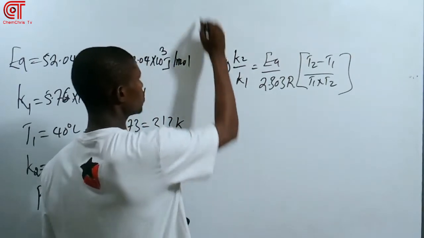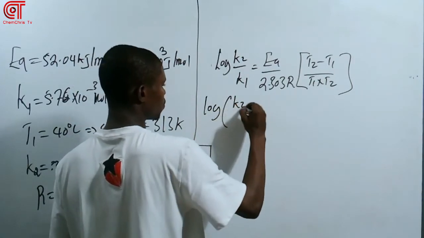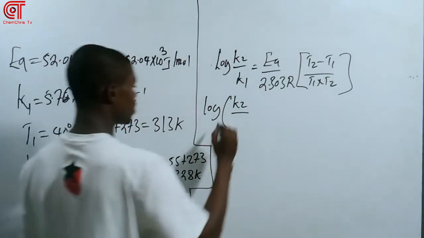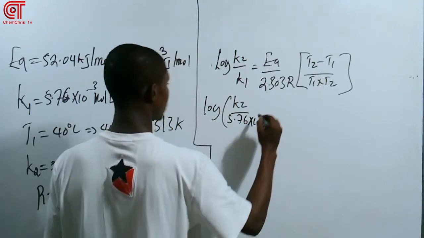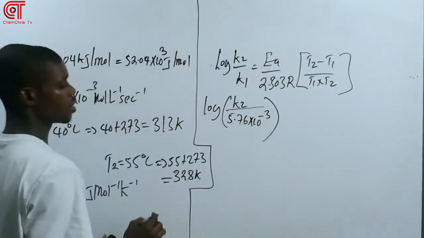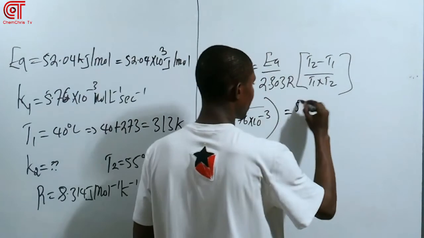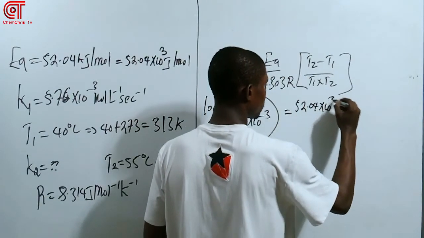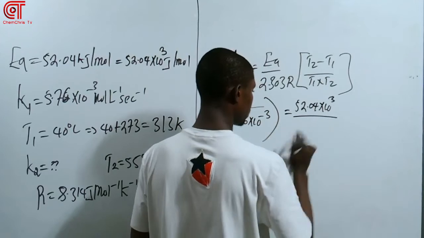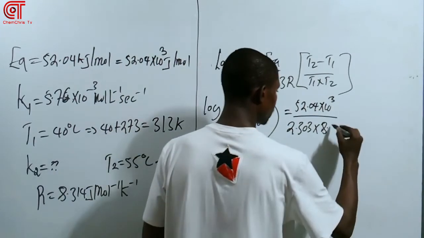So here we have, let's demarcate here so you won't miss the point, log K2 over K1, where K1 was 5.76 times 10 to the power of minus 3, equals Ea, which is 52.04 times 10 to the power of 3, over 2.303 times 8.314.